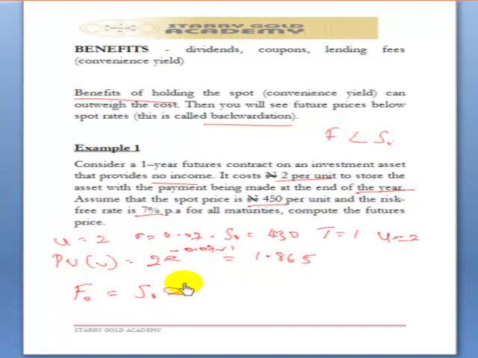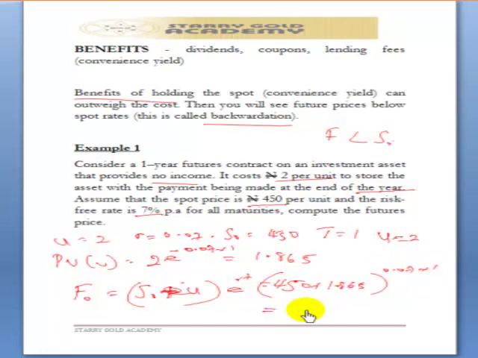So to now know the value of the asset, which is equal to the stock price, remember we are adding the cost of carry, which is U, the present value of U. So it should be equal to X, which is 450 plus 1.865, all times e to the power of R, 0.07 times 1.